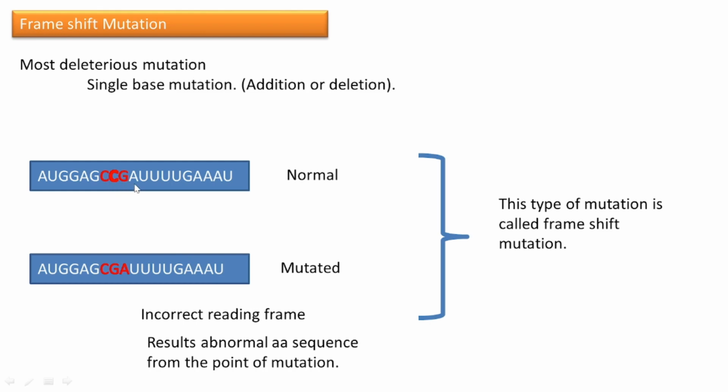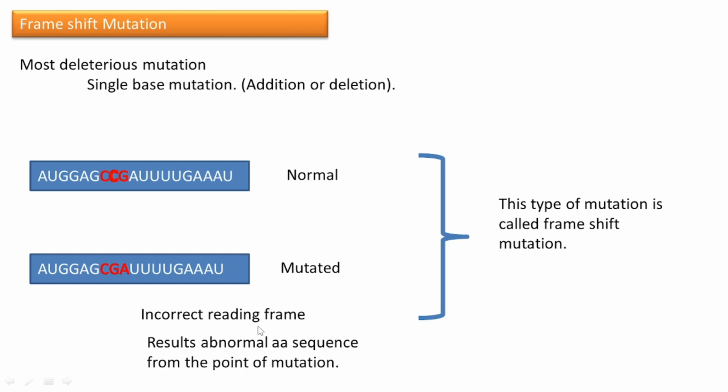Here CCG, then AUU, again UUG, like that is normal. But because of that single base change, deletion, this codon has changed to CGA. And the next one also changed. It becomes UUU, but here it is AUU. So from the point of that mutation onwards towards the downstream, the whole reading frame is changed.